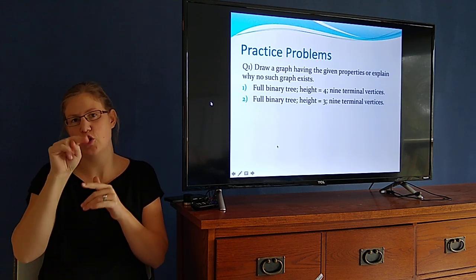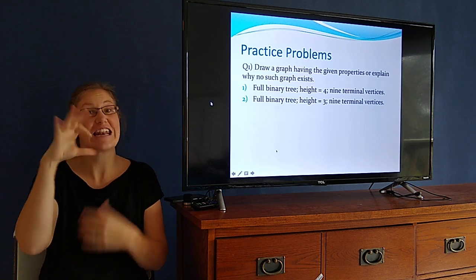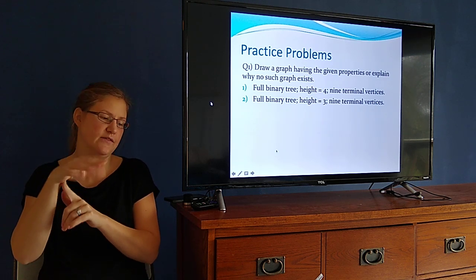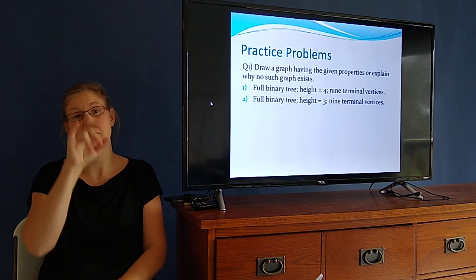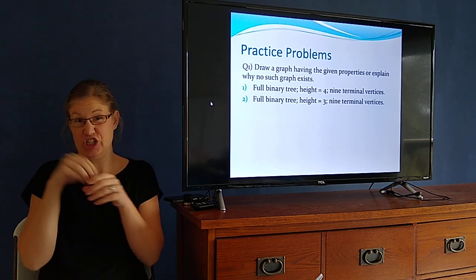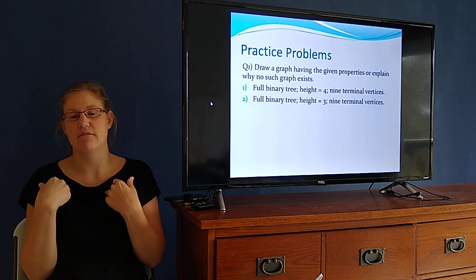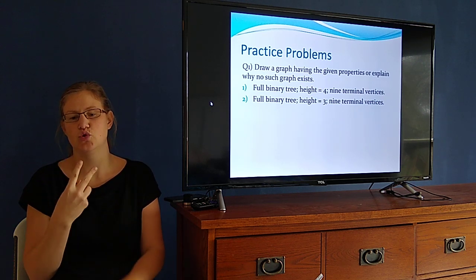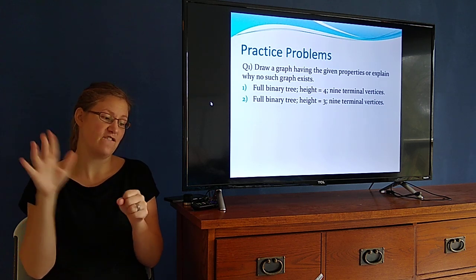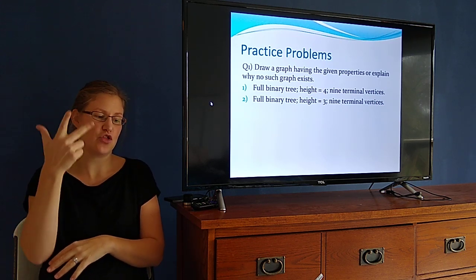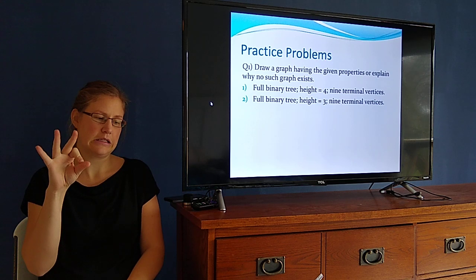So you need to have 9 terminal vertices at height 4. This is a tree, and it's a full binary tree, so basically each internal node has two children. The second one, a full binary tree of height 3, and also it has 9 terminal vertices.